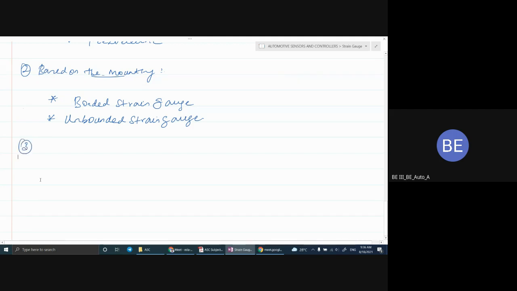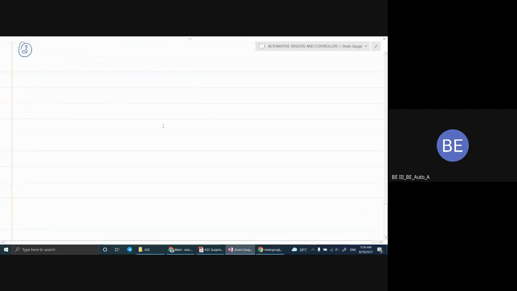One is the bonded strain gauge, and another one is the unbonded strain gauge. So these are the two types.